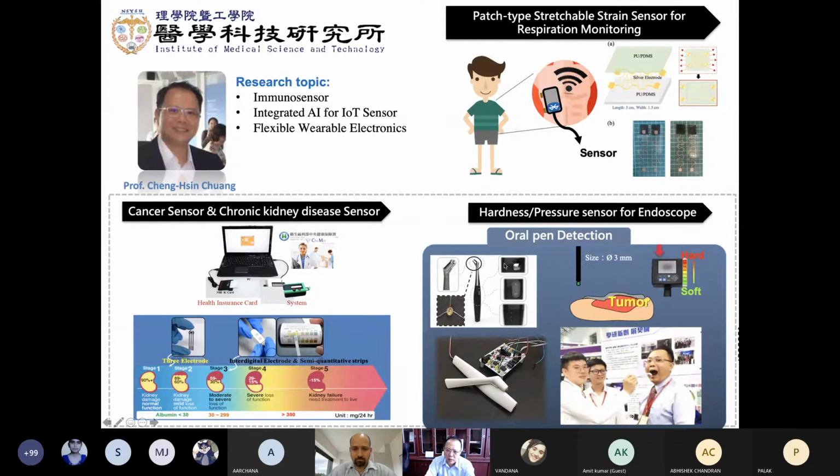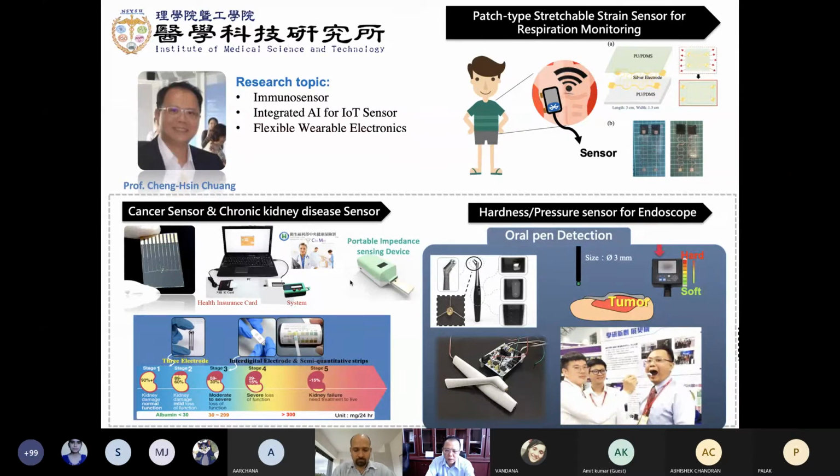And this one is a hardness and pressure sensor for endoscope. So we also try to develop the hardness detection for oral cancer.